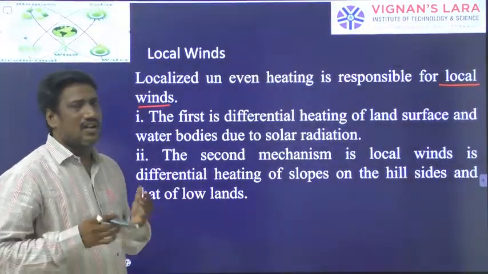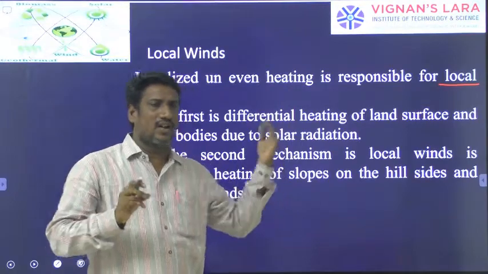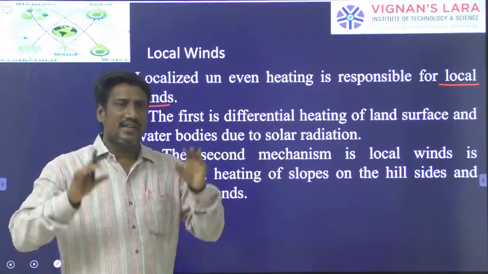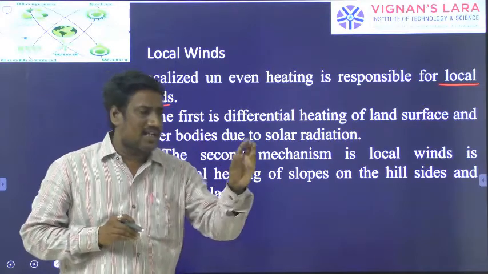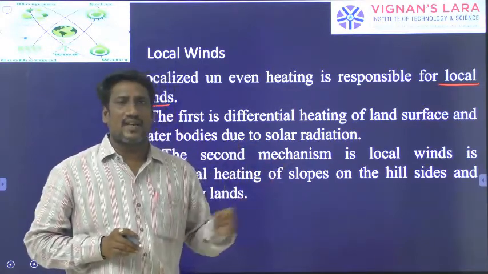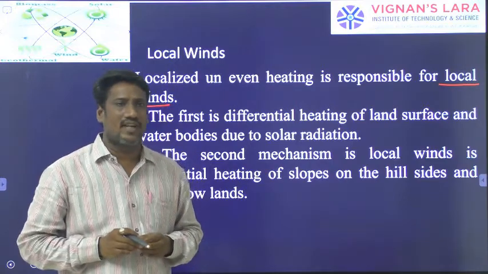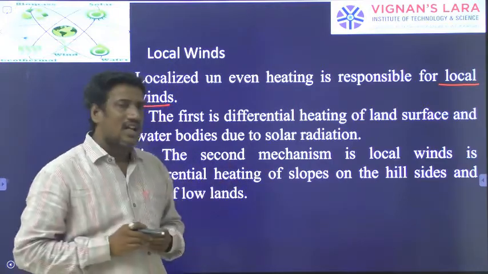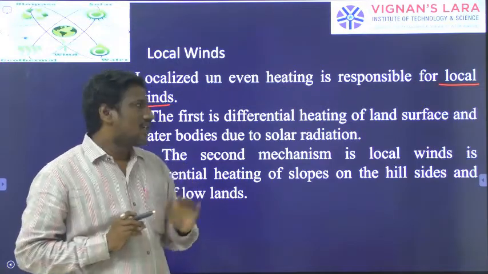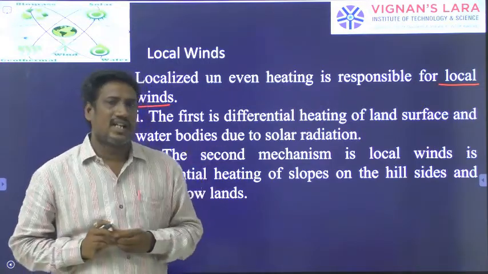Okay, so on the earth, before, for global winds, we have seen with respect to the total globe, whereas if I would like to discuss winds at a particular area on the earth, those are called local winds. Okay, so how will these local winds be created?